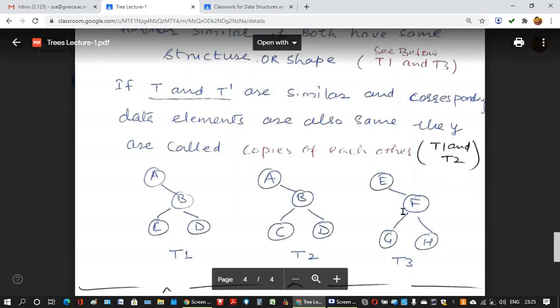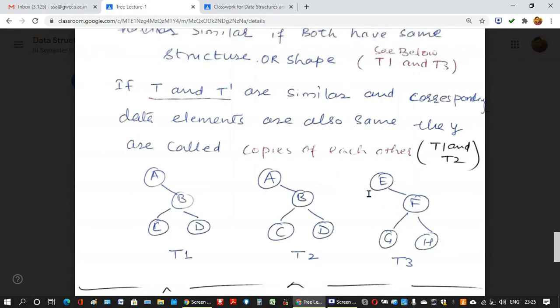Sometimes it is asked, as you have asked in Google Classroom, that if in T1 and T2 all nodes are the same but only one node is different, in that case it will be considered similar, not a copy.